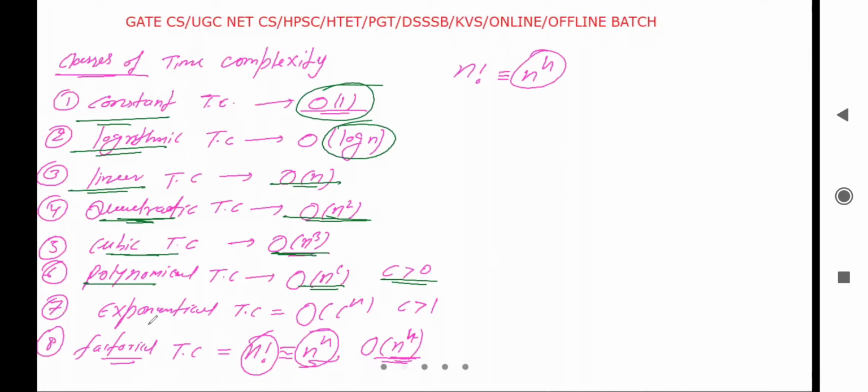Next is exponential time complexity, c power n, where c is a constant greater than 1, so it can be 2 power n, 3 power n, and so on. And next is factorial, which I have already told you. Now, is it clear or not?